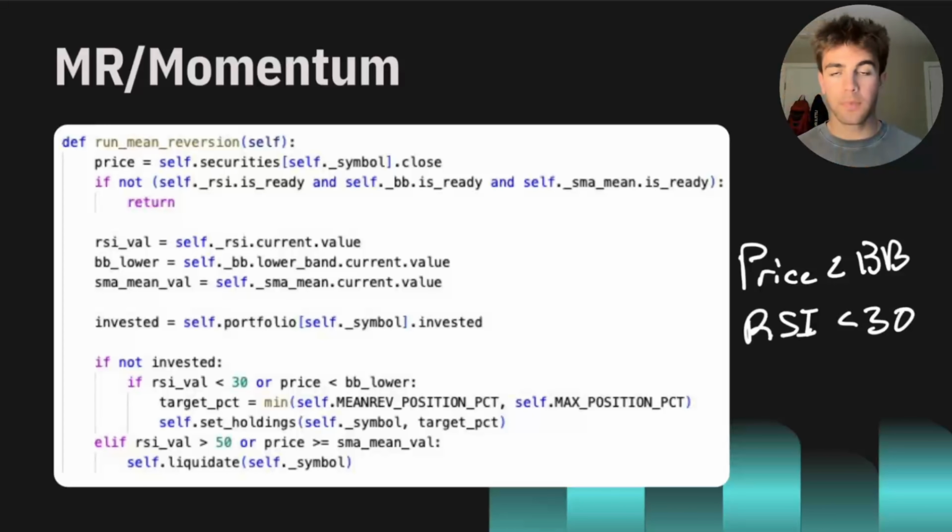Now, when in a bear market, using the mean reversion strategy, the positions are smaller than in a bull market using the momentum part of the strategy. The exit conditions are if the RSI is greater than 50, or if price is greater than or equal to the 20-day simple moving average.